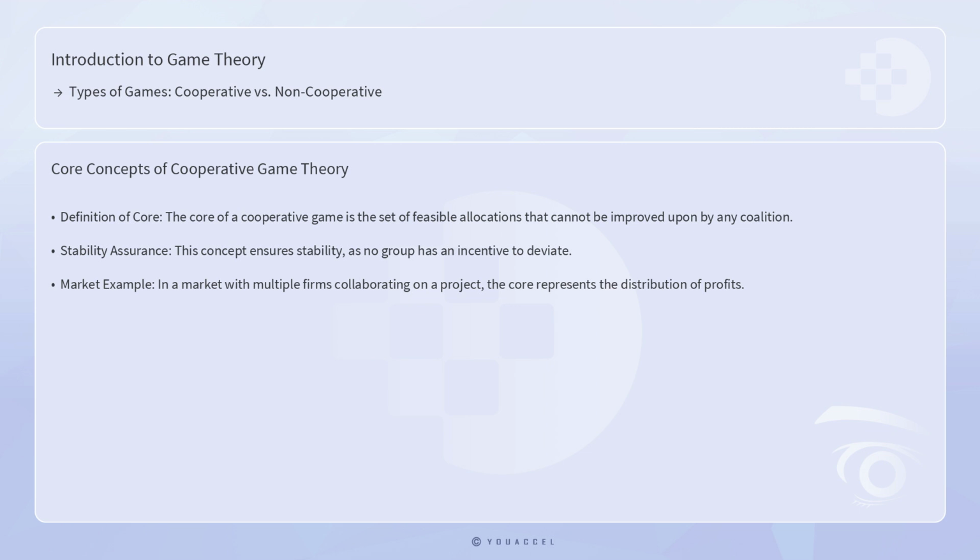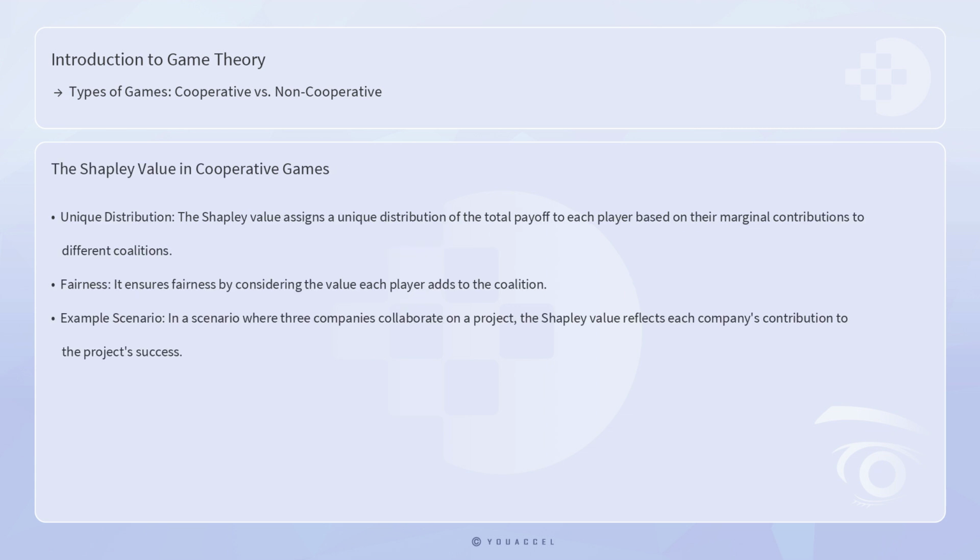For instance, in a market with multiple firms collaborating on a project, the core would represent the distribution of profits, where no subgroup of firms could increase their total profit by forming a separate alliance. The Shapley value, another critical concept in cooperative games, assigns a unique distribution of the total payoff to each player based on their marginal contributions to different coalitions.